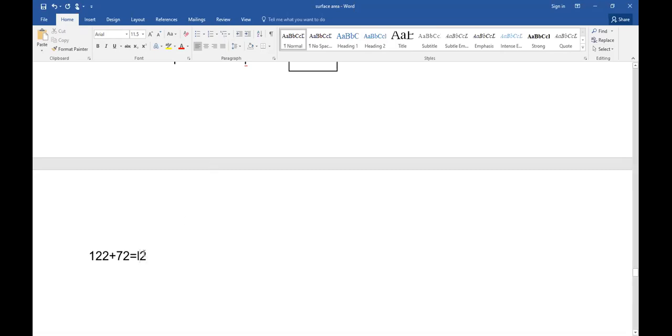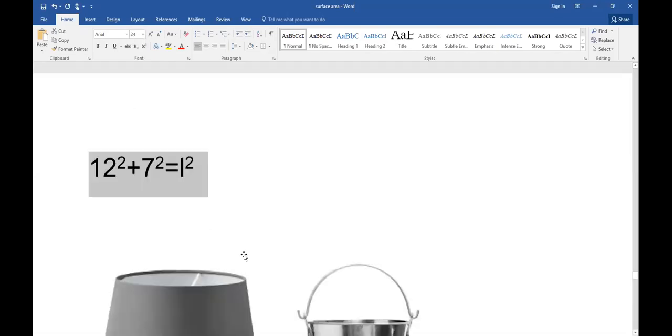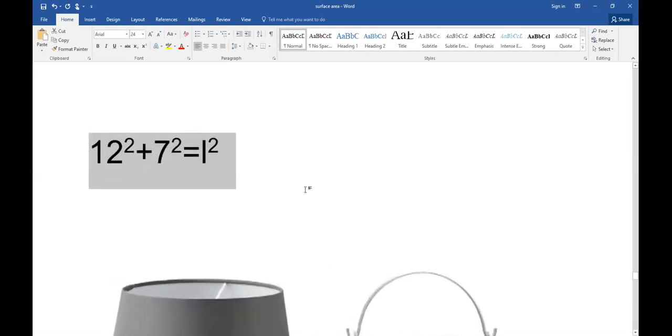Let me now format these ones. These are supposed to be squared like that. So this is what we have now as a formula, L squared.